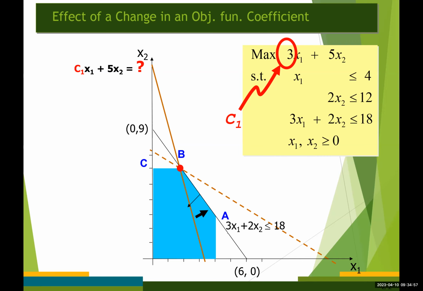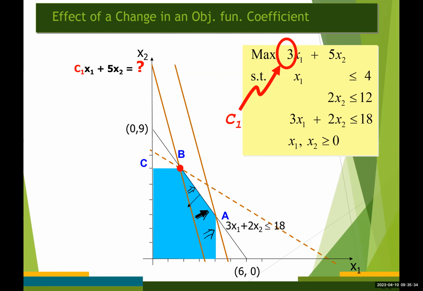If the slope of the isovalue line is steeper than the plant number 3 constraint, it's clearly seen that there's more room for us to improve the objective function value, right? So in this case, if we move the isovalue line in this direction, then we can find the last isovalue line intersecting the feasible region, which is this.